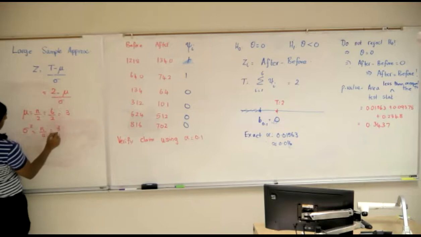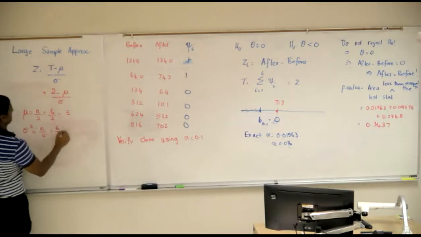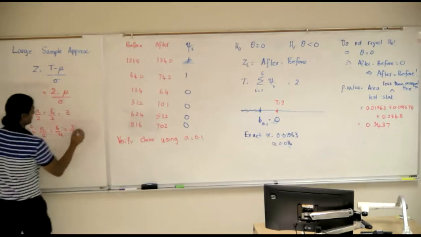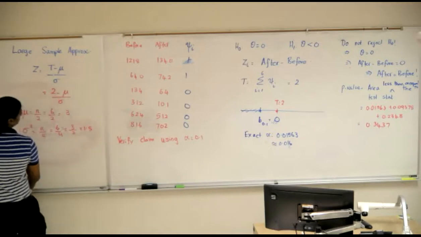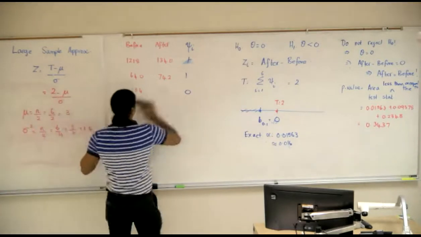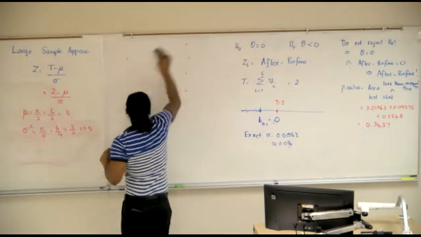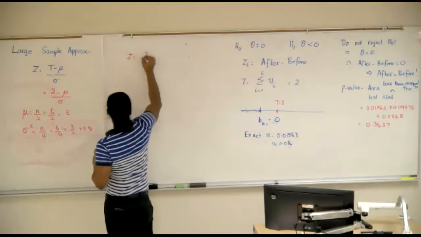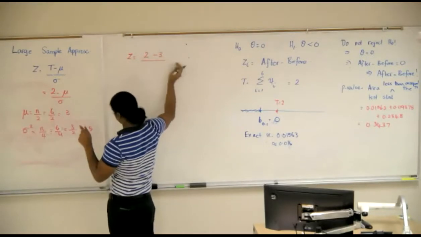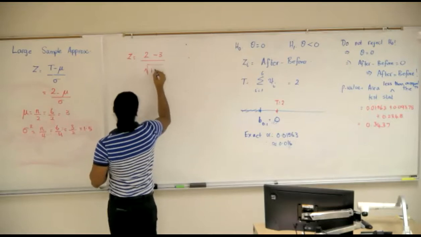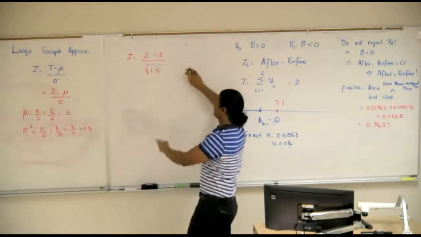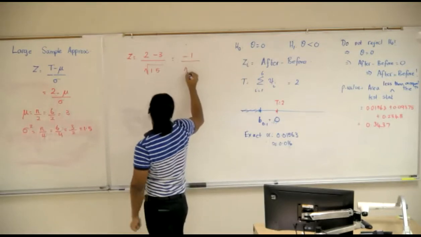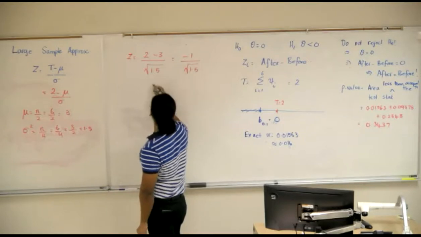That would be 6 over 4, which will reduce to 3 over 2. That is 1.5. So 2 minus 3 divided by square root of 1.5. Don't forget the square root, very important. So negative 1 divided by square root of 1.5.